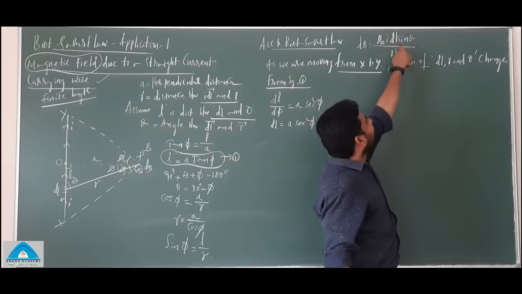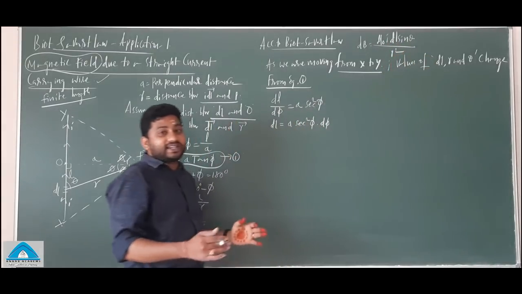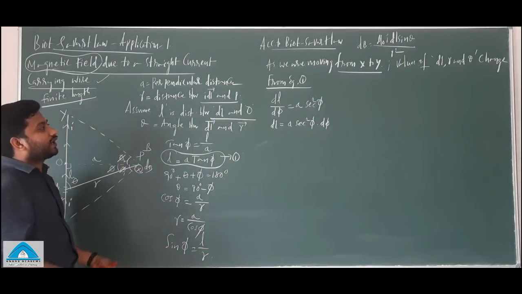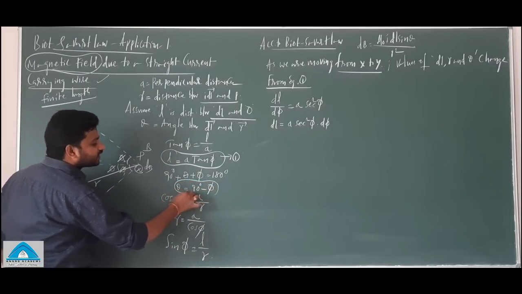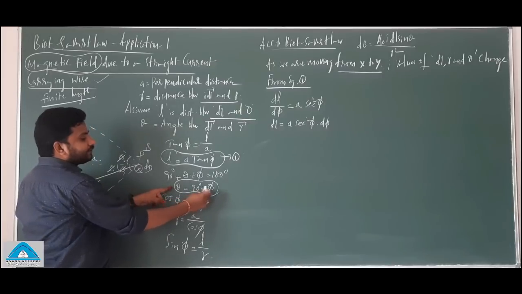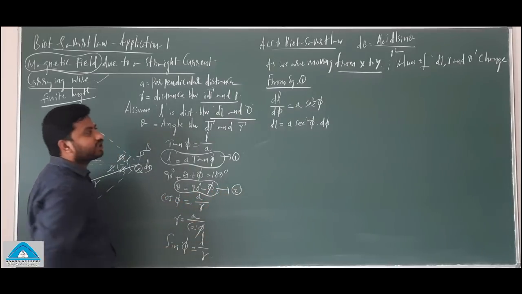Mu naught I dl sin theta. Sin theta also can be written in terms of phi. See here, where is theta? Theta is 90 degrees minus phi. So this is equation number 2.